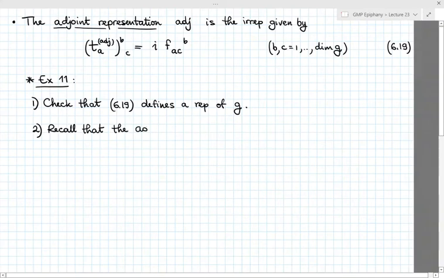The adjoint action of the Lie algebra on itself is defined as follows.